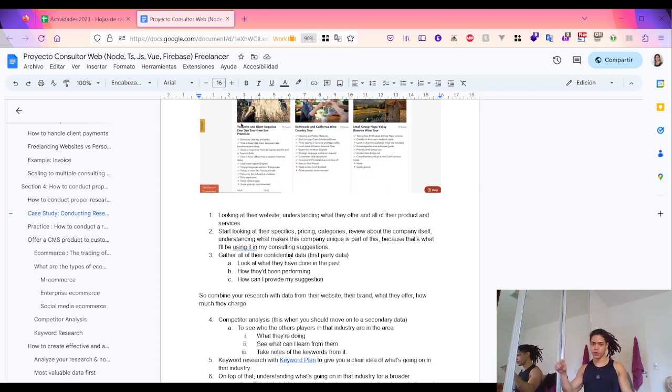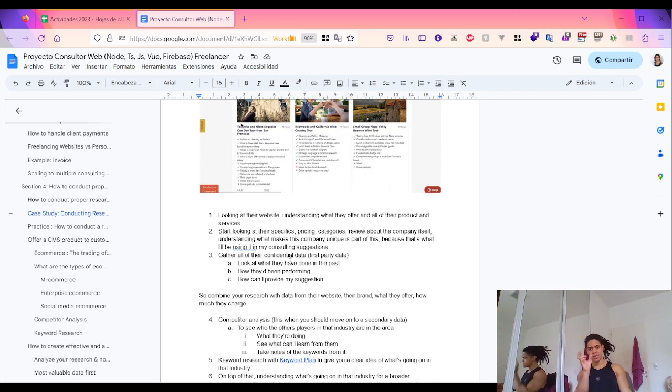This is to figure out who the other players are in that industry, see what they're doing, what you can learn from them, and create a keyword research using tools like Keyword Planner to give you an idea and understand what's going on in that industry.